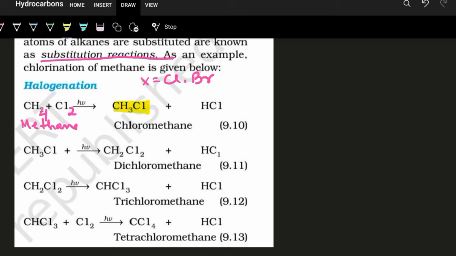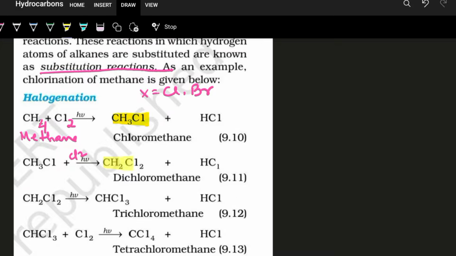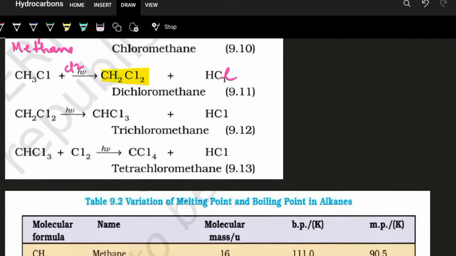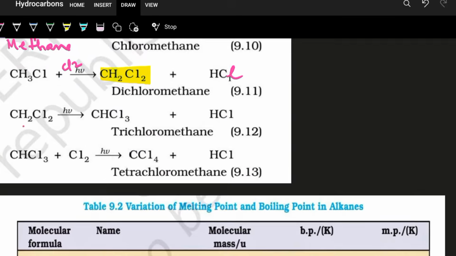It contains 3 replaceable hydrogens, and when you treat it with Cl2 again in presence of h nu, it forms dichloromethane plus HCl. When you do chlorination again over dichloromethane in presence of sunlight, it gives you trichloromethane, also known as chloroform, and it gives you HCl as the side product.